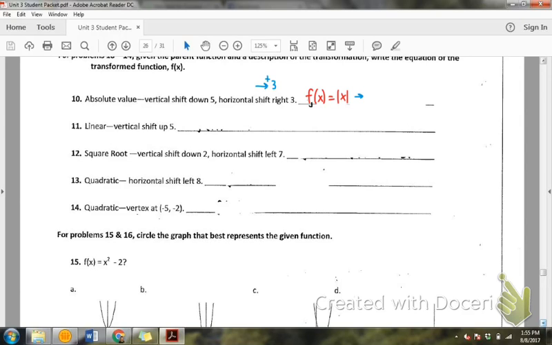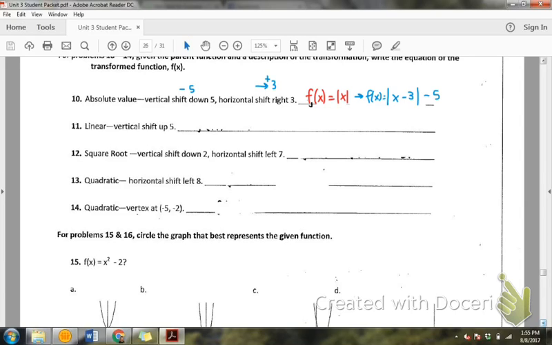So I know that inside the absolute value is going to be negative 3. Are we okay with that? So we did that part first. And then it says you have a vertical shift down 5. We keep that sign the same, so this is a negative 5. Where is that negative 5 going to go? On the outside at the end. Minus 5. And then we put our f of x on there. That's all you do. You have to write the equation from the information given to you.